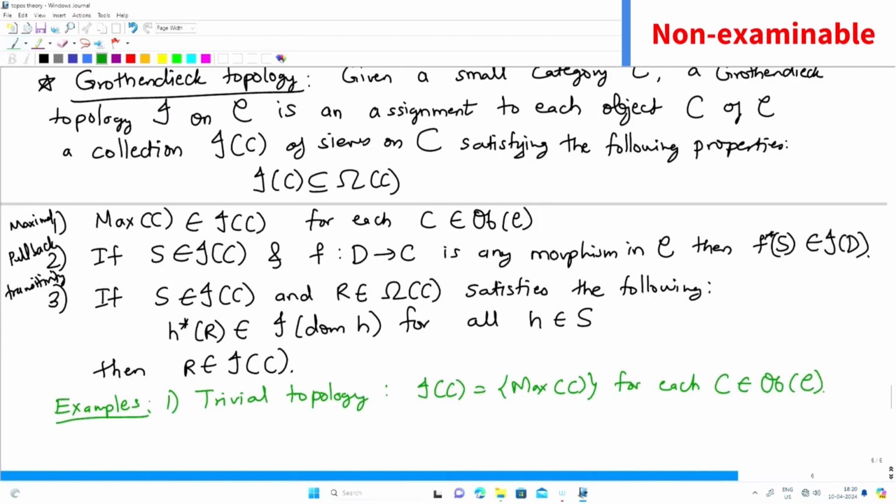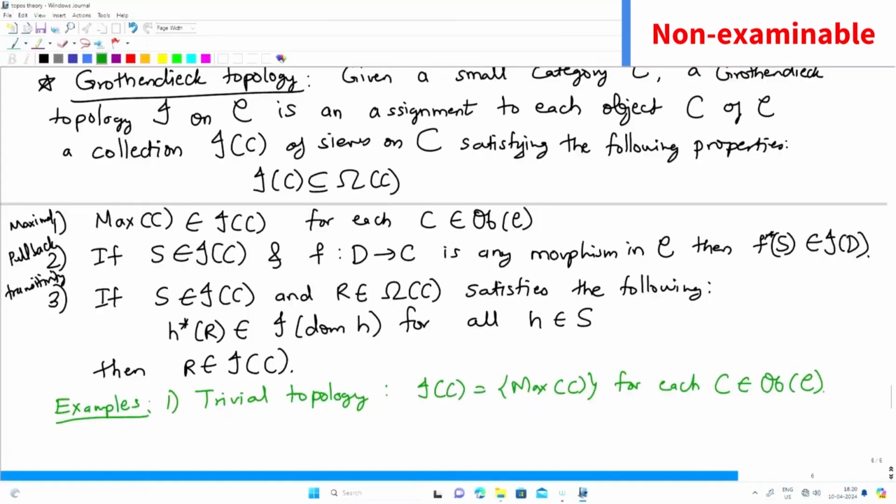The localization with respect to this particular trivial topology will be the presheaf category itself. The localization of the presheaf category will be the presheaf category. Right, so it's a trivial localization. That's why it's called the trivial topology.